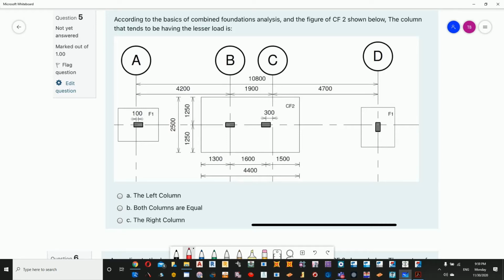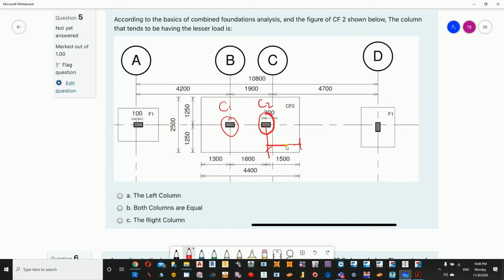So if this is a higher load, the width here is going to be bigger than the other column. If we are referring to C1 and C2, C1 has 1.3 from the center of the column to the edge, the other one has 1.5.